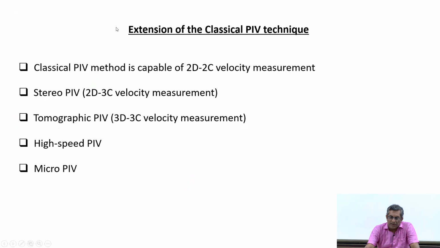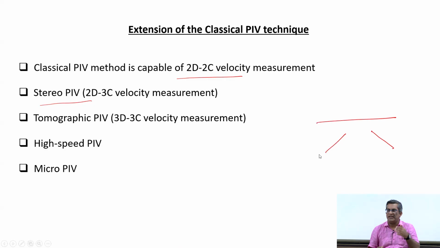Okay, the classical PIV technique has been extended also. The classical technique is essentially capable of providing us 2D 2C velocity measurement, meaning two-dimensional, two-component. Now, we can extend that to stereo PIV. Stereo PIV means you have two cameras looking at the flow field.